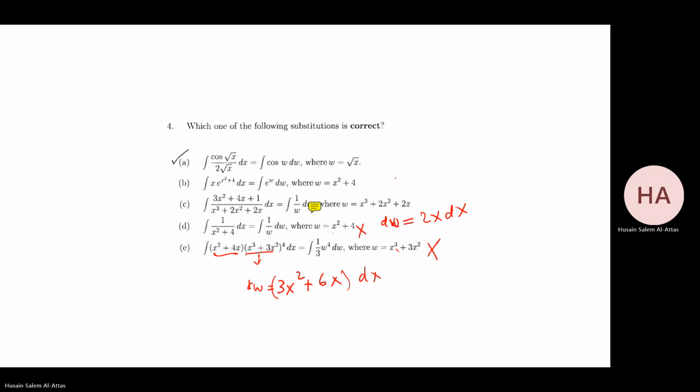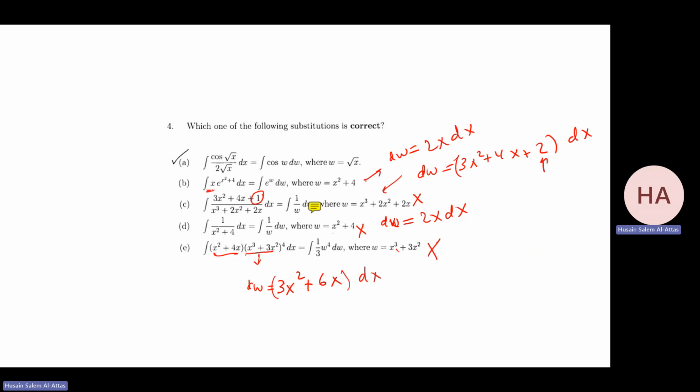This one, what will be dW? dW will be 3x squared plus 4x plus 2, not 1. So this is wrong. This one I need 2x dx.